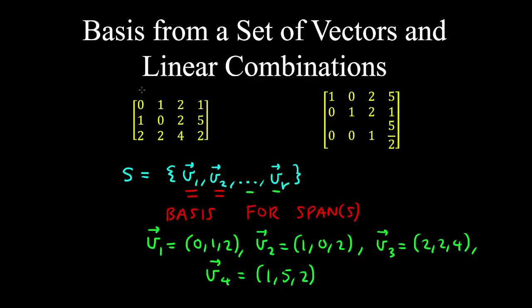So what we will do is assemble these into a matrix of column vectors. And if we reduce this matrix to row echelon form by elementary operations, then we obtain this matrix with the column vectors C1, C2, C3, and C4.